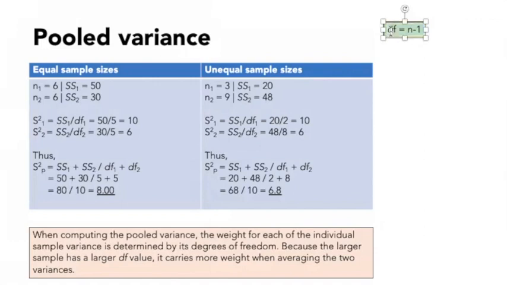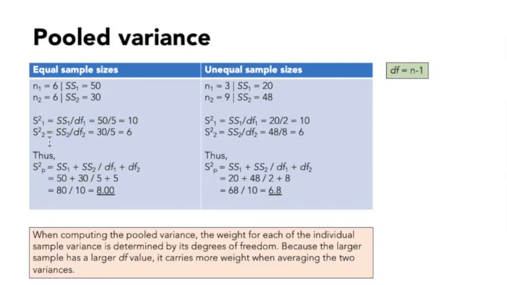This is the degrees of freedom formula: n minus 1. You have 6 people, so degrees of freedom is 5. So 50 divided by 5 is 10.